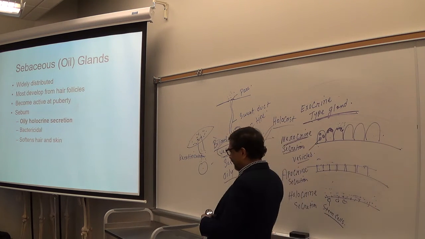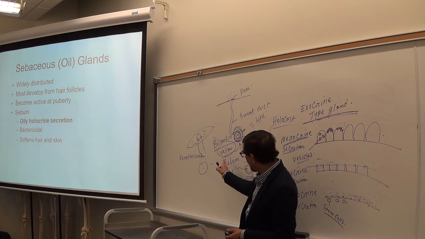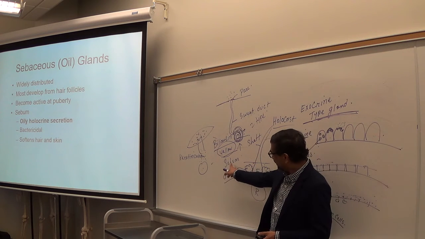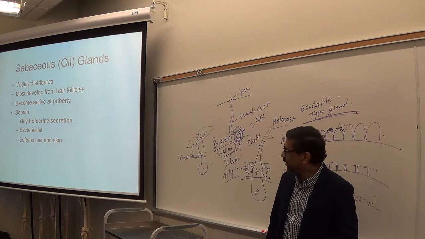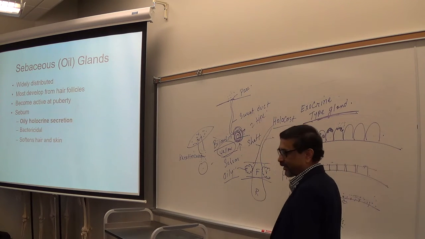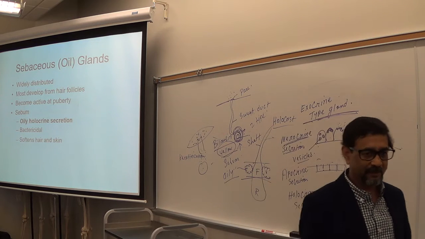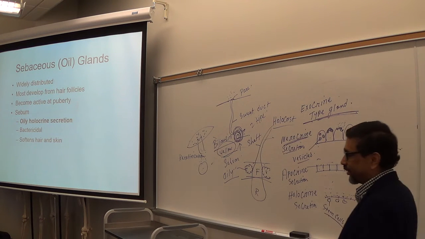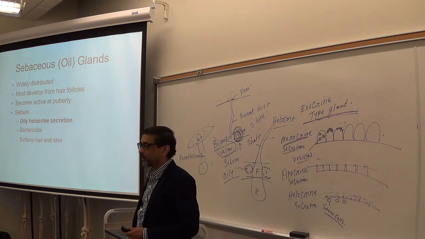Sebaceous glands secrete an oily secretion called sebum. I have already mentioned here, the sebaceous gland secretes sebum, and that is an oily secretion. This secretion also has bactericidal action, meaning it can kill or retard bacteria. Also, since the secretion is oily, it keeps the skin and hair smooth and soft.